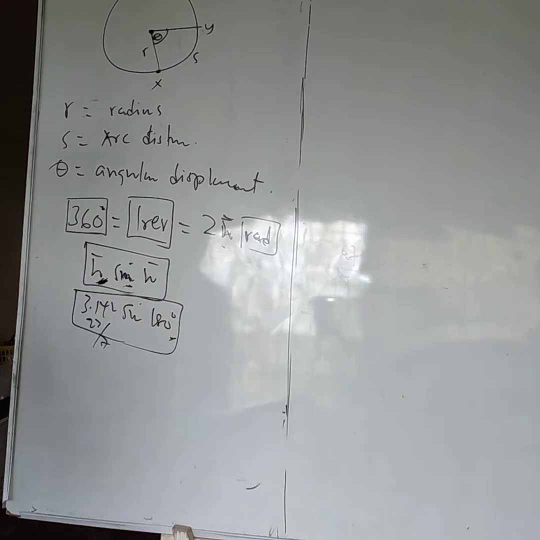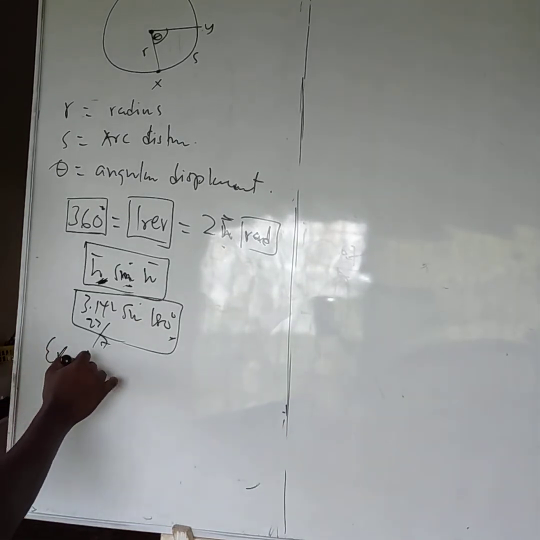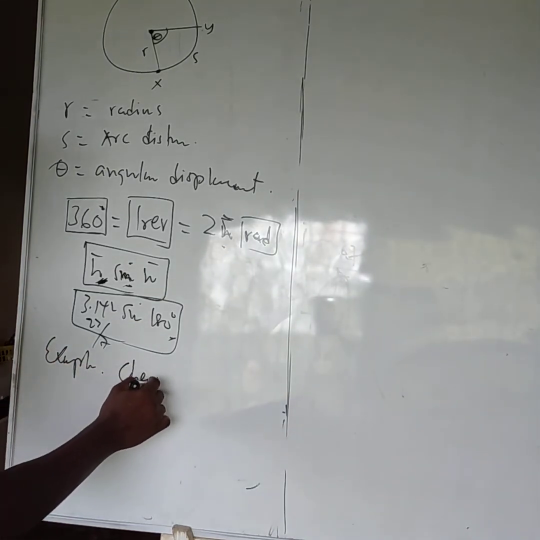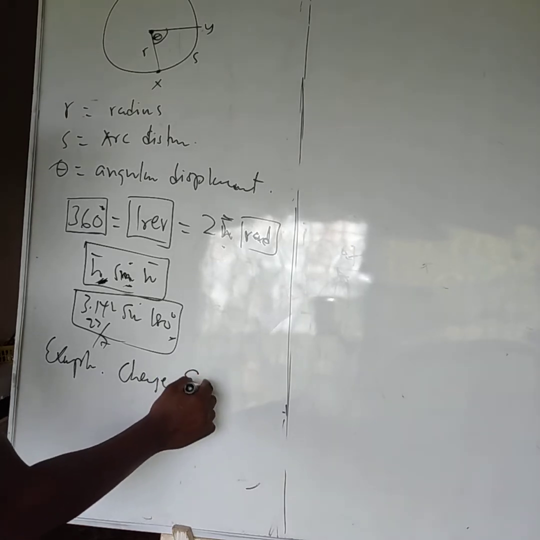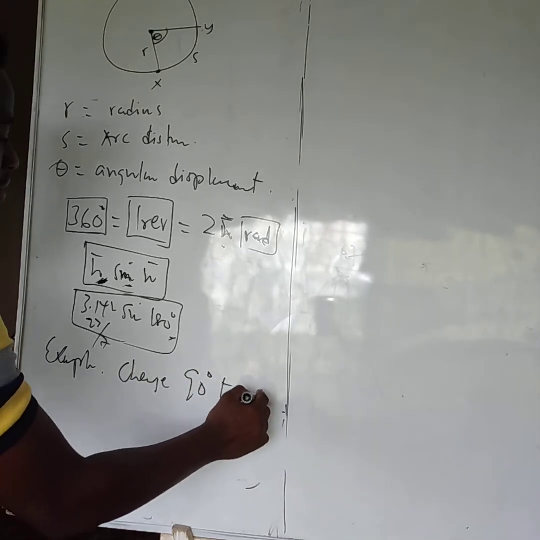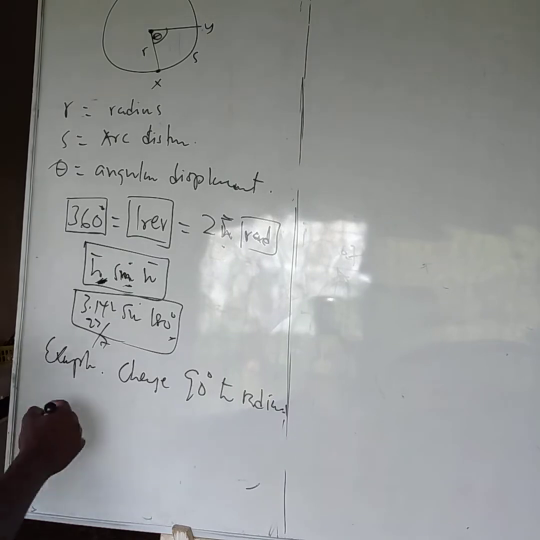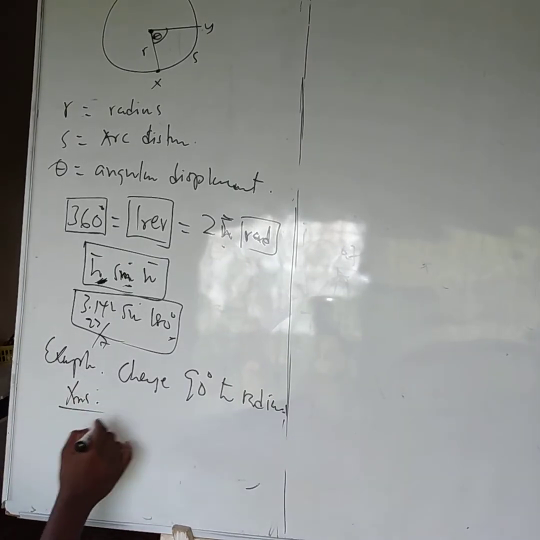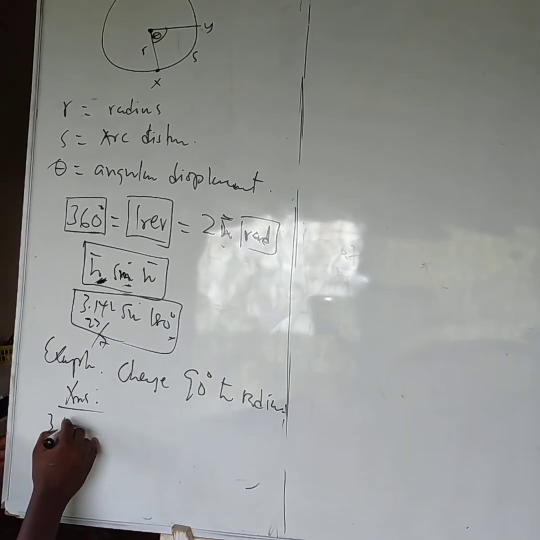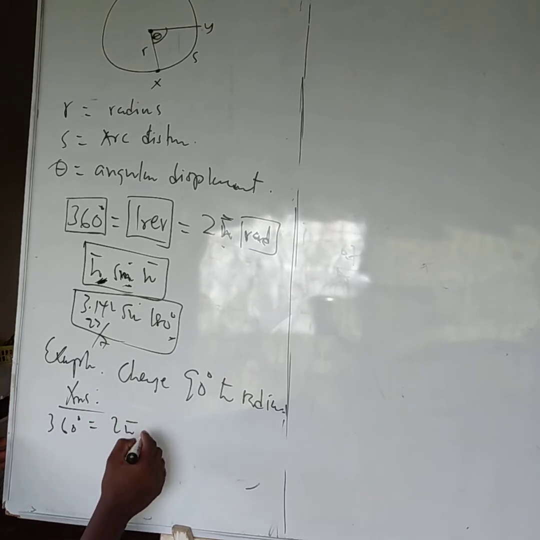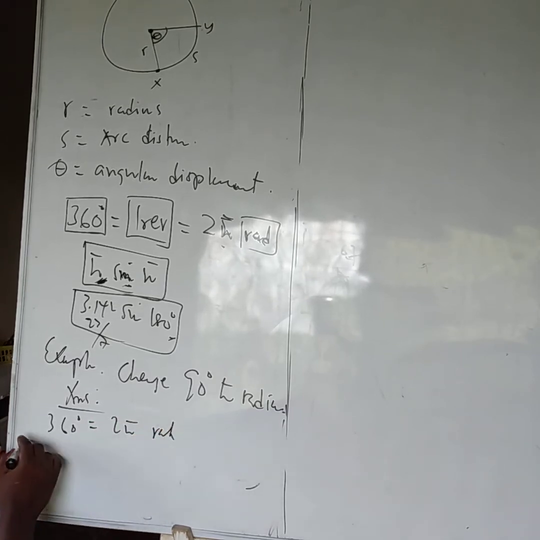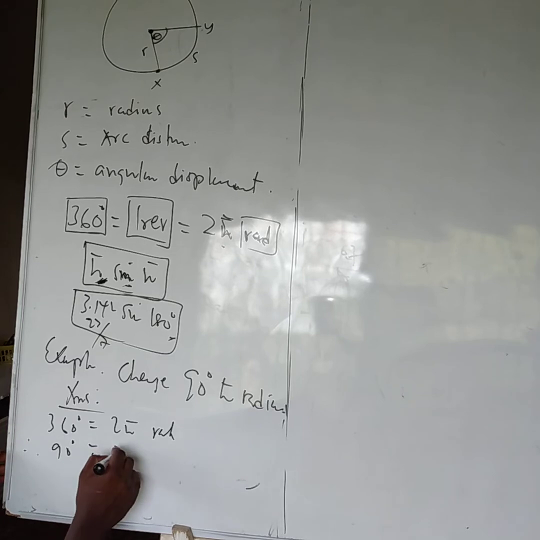Example: change 90 degrees to radian. In our solution, we know that 360 degrees is equal to 2 pi radian. Therefore, 90 degrees is equal to x. So x becomes, you know, it's going to be less.